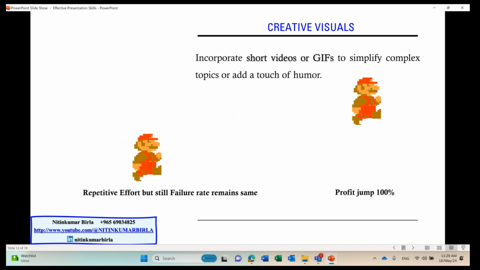In the beginning slide itself, I said, know your audience, KYA. But at the same time, if I'm going to my investors, it depends on the purpose. Let's not restrict ourselves to one kind of audience.